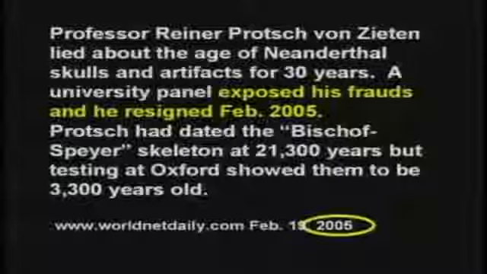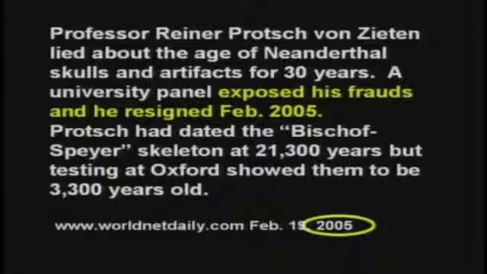Professor Rainer Protsch von Zieten, earlier in February of 2005, resigned from his professorship because he'd been lying about carbon dating for years. His frauds were exposed in February of 2005. He had dated the Hahnöfersand skeleton at 21,300 years old, but when they tested it at Oxford, they said it's only 3,300 years old. 700% error.